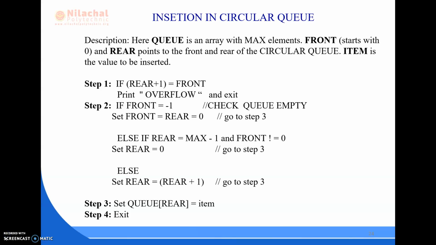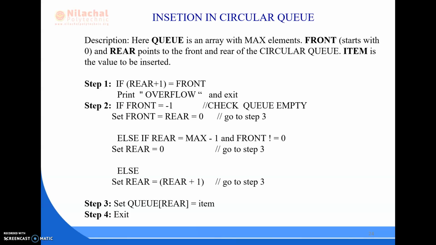So let's start with the first step. At the very first step, if rear plus 1 is equal to front, that means it is overflow, the circular queue is full. So we cannot insert any item in the circular queue anymore and we need to exit.